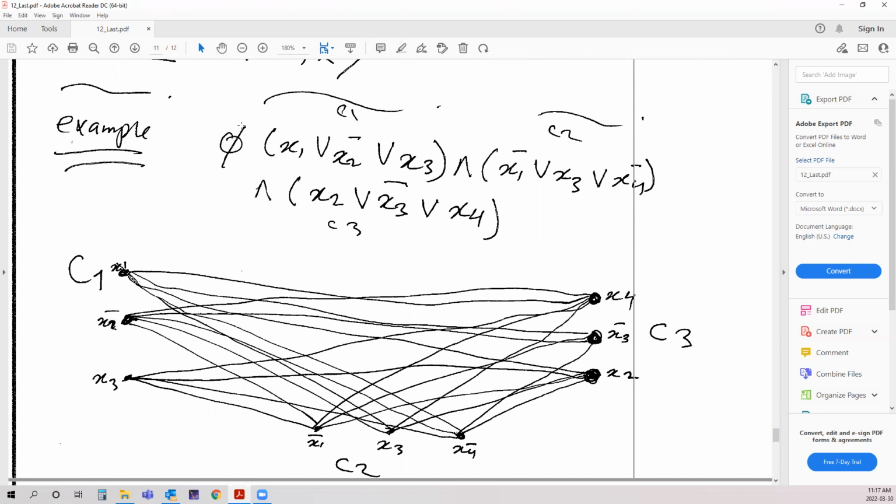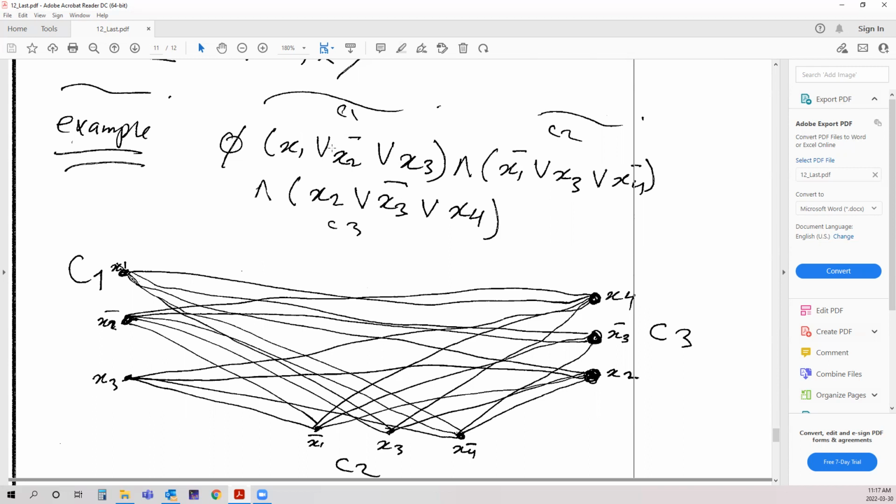So phi equals (x1 or x2 prime or x3), and (x1 prime or x3 or x4 prime), and (x2 or x3 prime or x4). So this is clause 1, this is clause 2, this is clause 3.